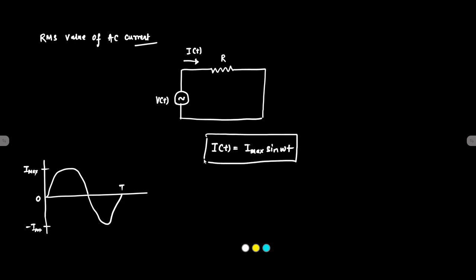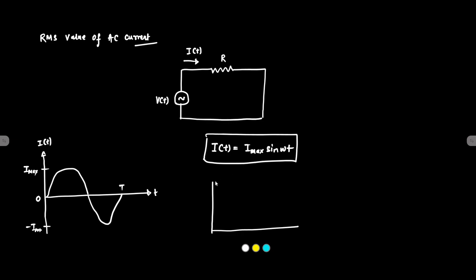Now let this current flow through this resistor R because of this alternating voltage applied. What we are trying to do is determine an equivalent DC representation. This is the time axis, this is IT.